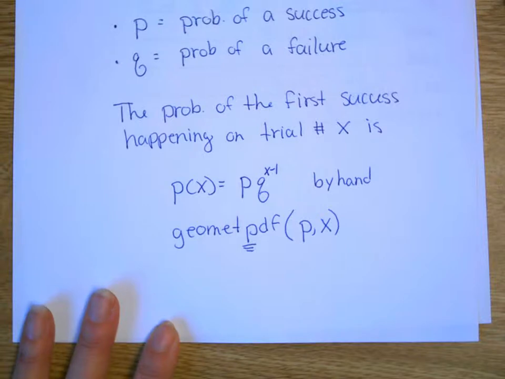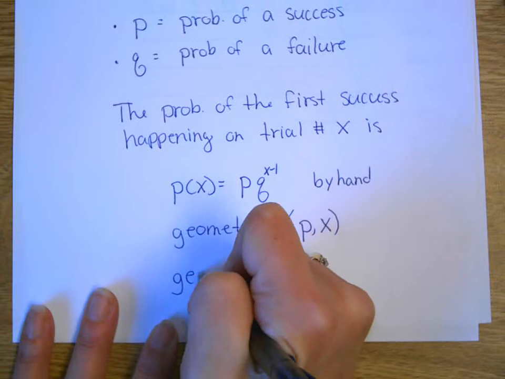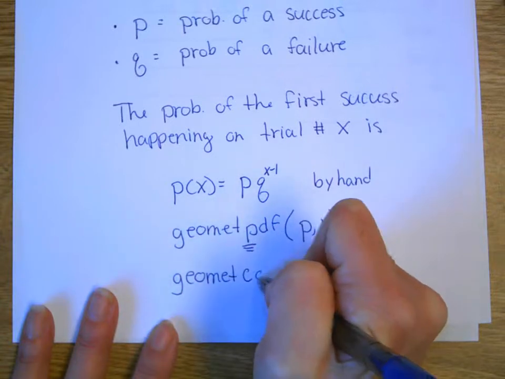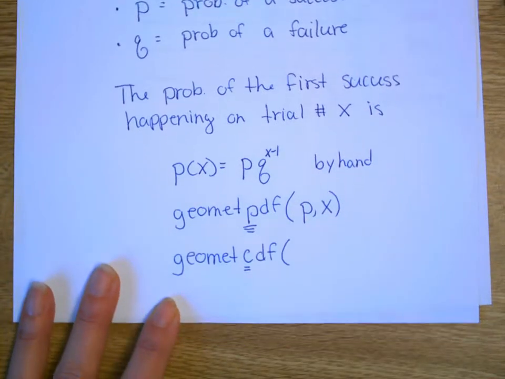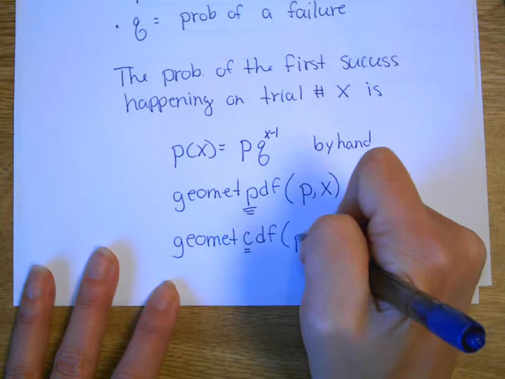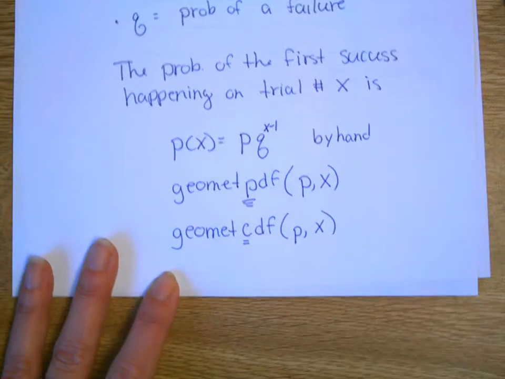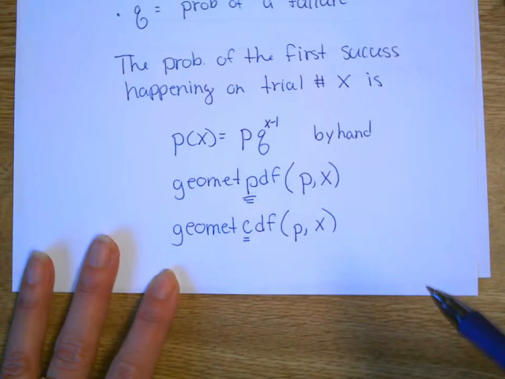And then if we want to add probabilities up, we're going to use the geometcdf, where you put in the probability of success and an X value, and then what this will do is it will do a whole bunch of PDFs and add them together for you.